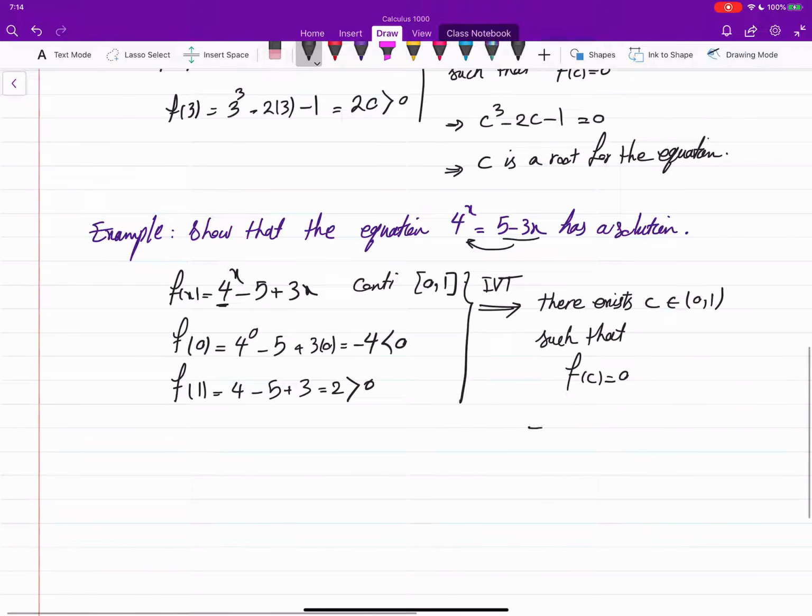And f of c being equal to 0 means that 4 to the power c minus 5 plus 3 times c is equal to 0 for some c in the interval (0, 1). And that is the solution, the root we were looking for, 4 to the power c equals 5 minus 3c.